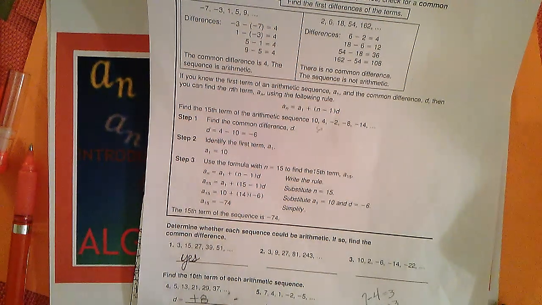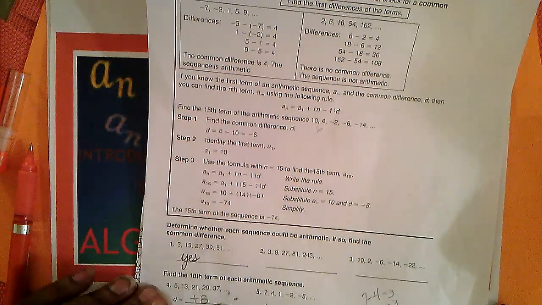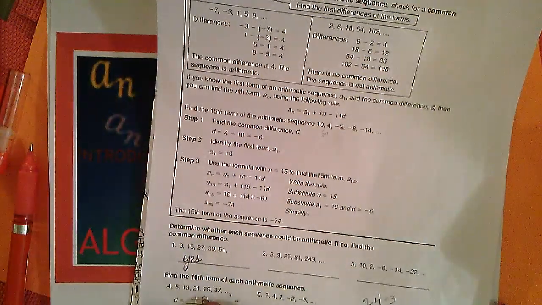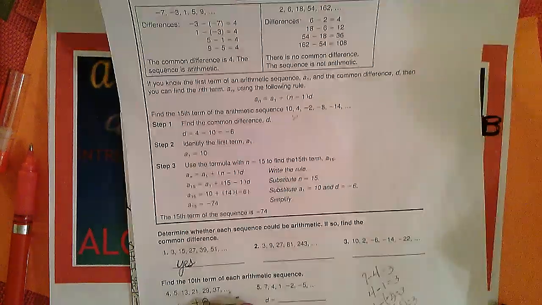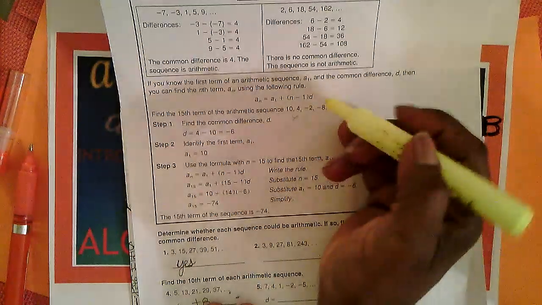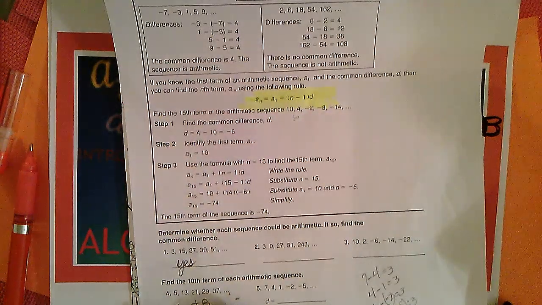And now we have our a_1. And in our next video, we are going to go ahead and do the entire formula here. And we're going to plug that information in.